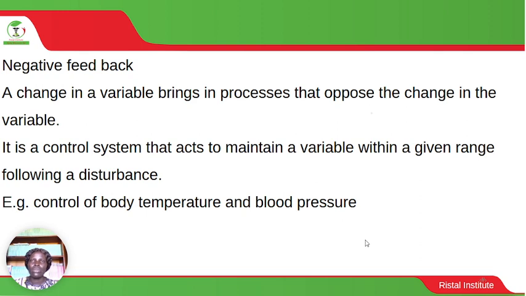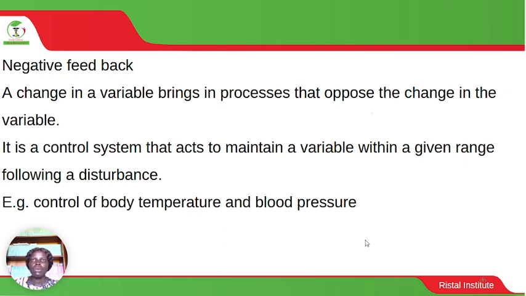So in case of changes, the body works hard to bring normality. That action that the body takes is what is known as the negative feedback. It is a control system that acts to maintain a variable within a given range following a disturbance. For example, control of body temperature and the blood pressure.